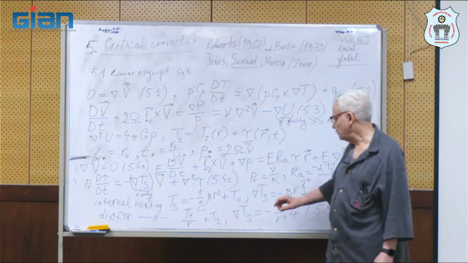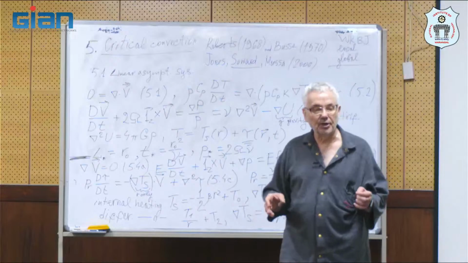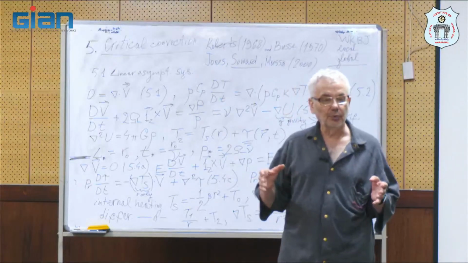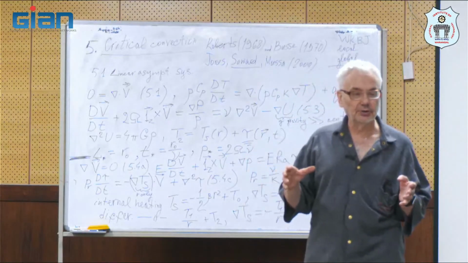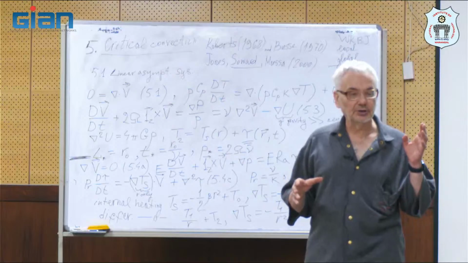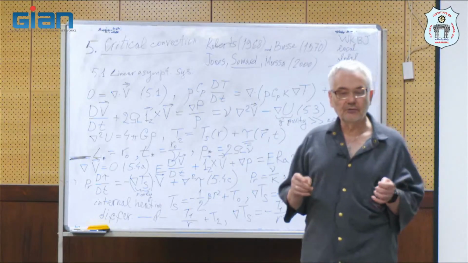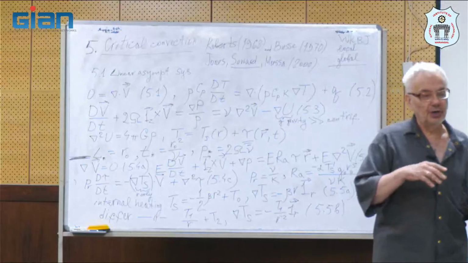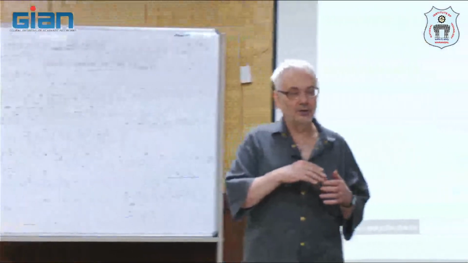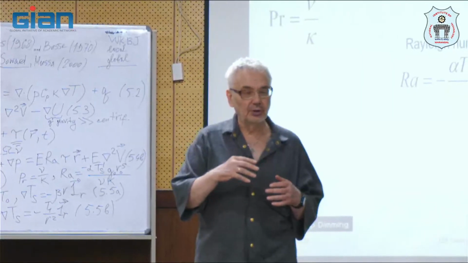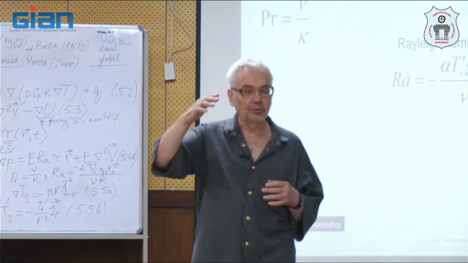But in the case when we have differential heating, we put one boundary at one temperature and another at another temperature. Usually, for the Earth, we have the inner boundary at higher temperature and the outer boundary at lower temperature.